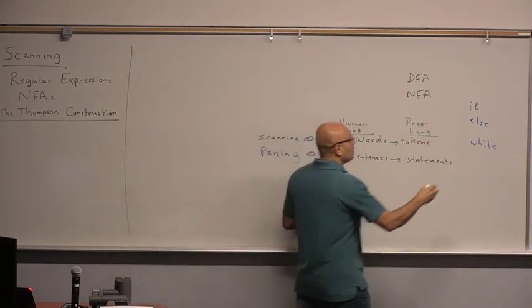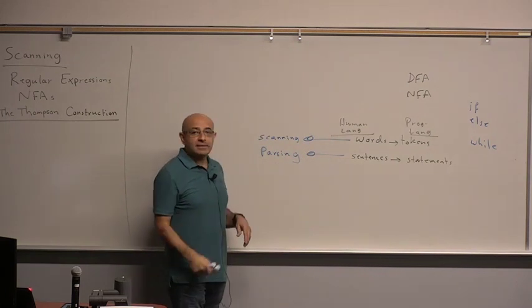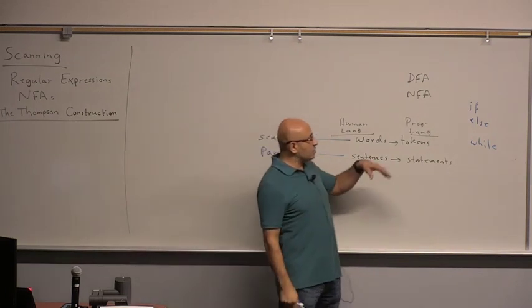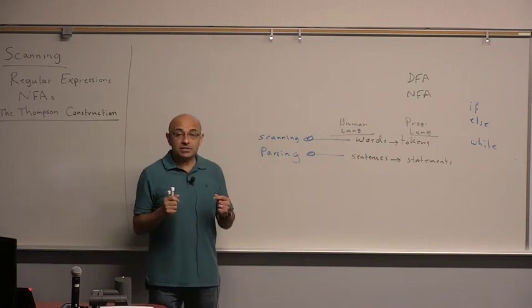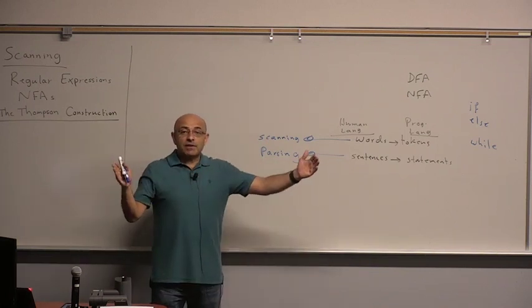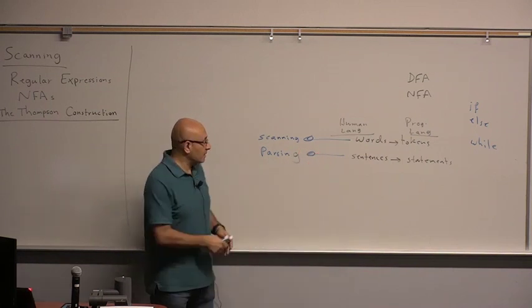What we will be doing in scanning is that we will define a language for each one of these different parts of speech, and the language of all valid words is just going to be the union of all of them, right?